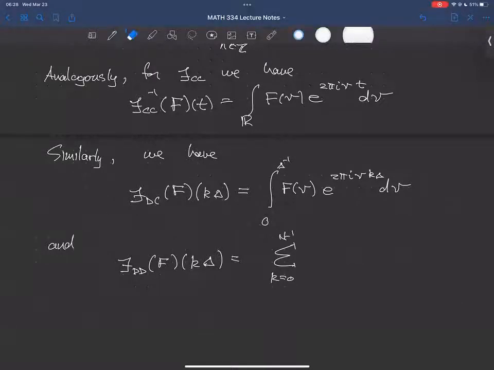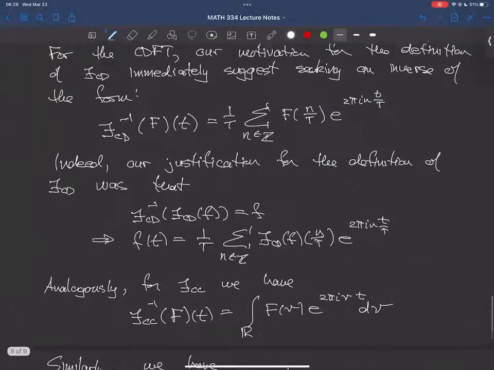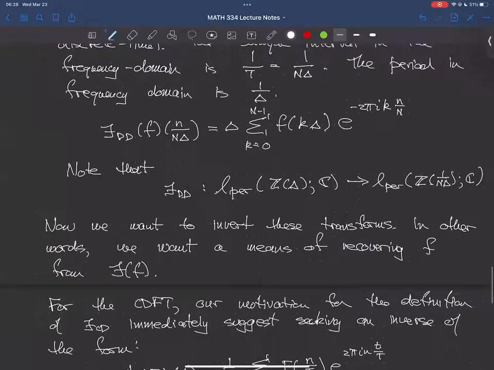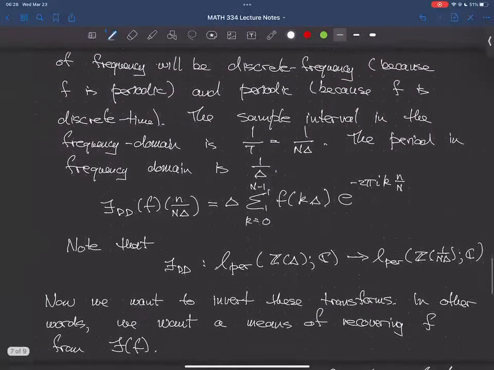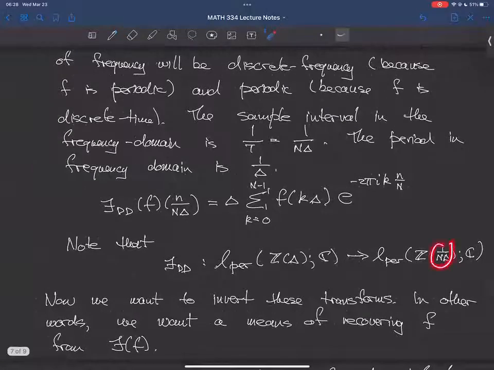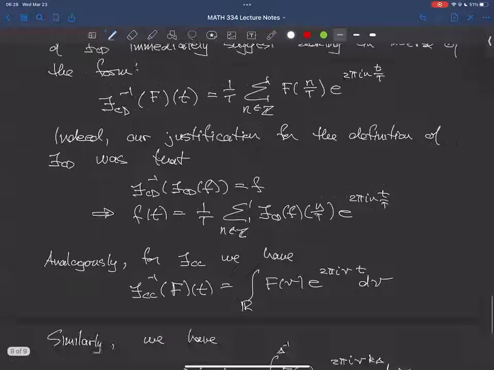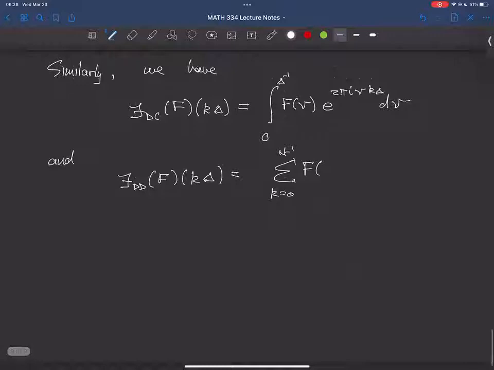Now it's going to be f, and remember what the sample interval here is for the DDFT. The sample interval was 1 over n delta. So it's going to be k over n delta, and that's going to be e to the 2 pi i.